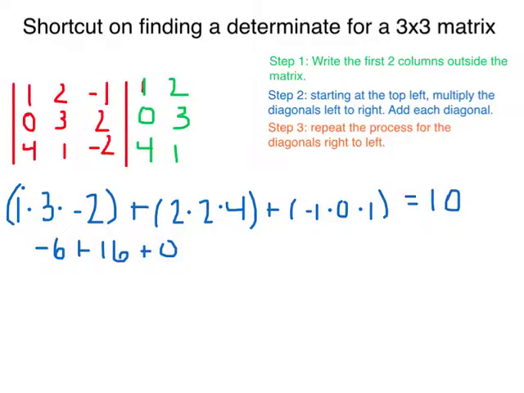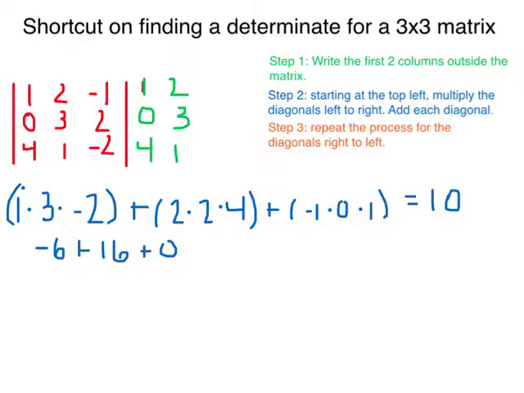Step 3 would be to repeat the process that we just did for the diagonals left to right, for the diagonals right to left. So now we're going to do these diagonals starting at the right to left diagonals here.